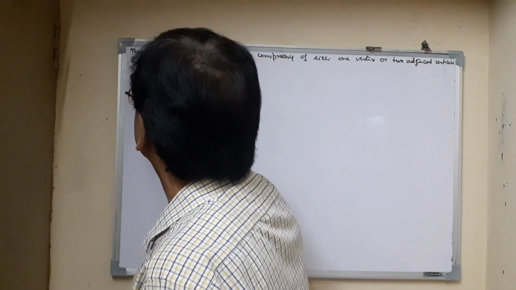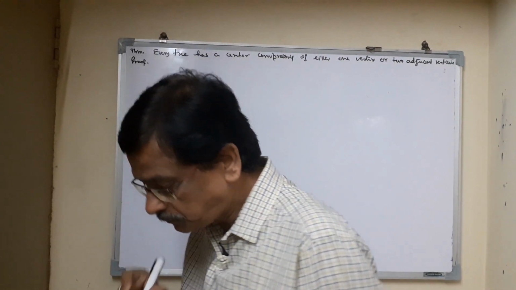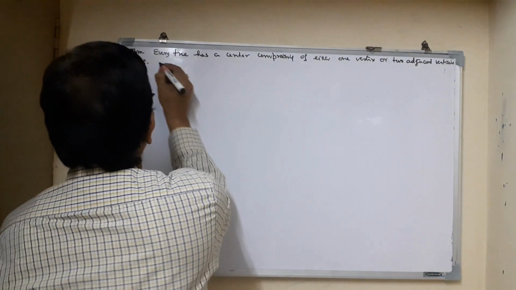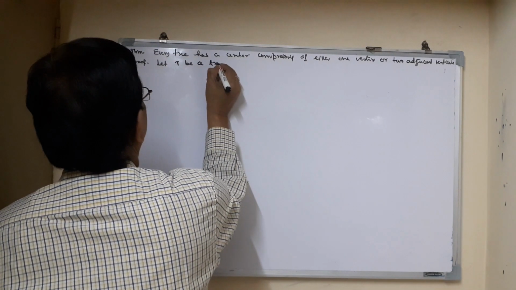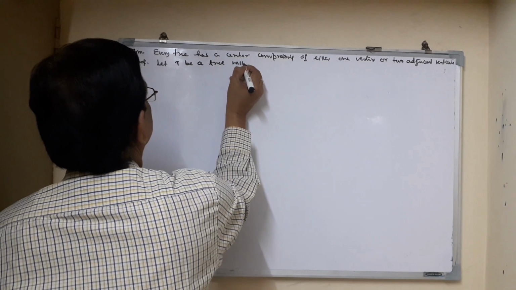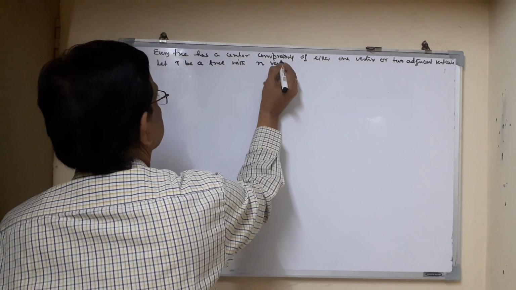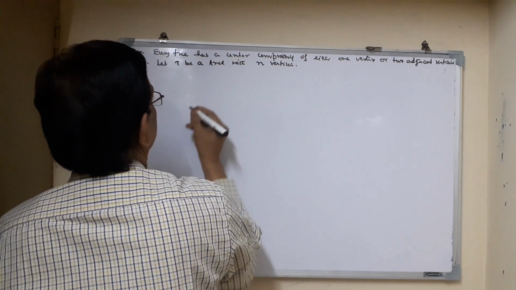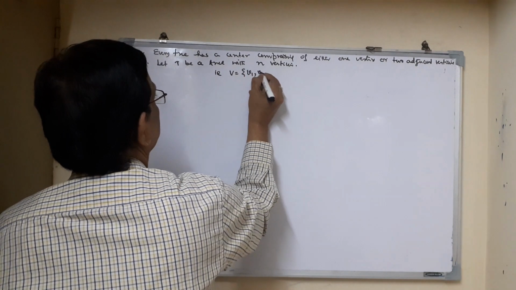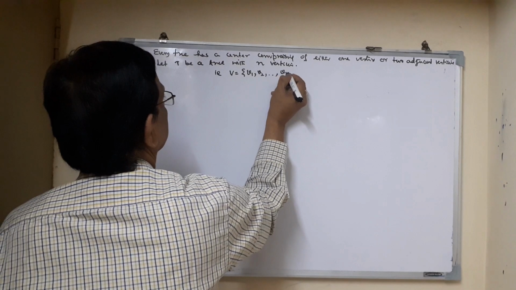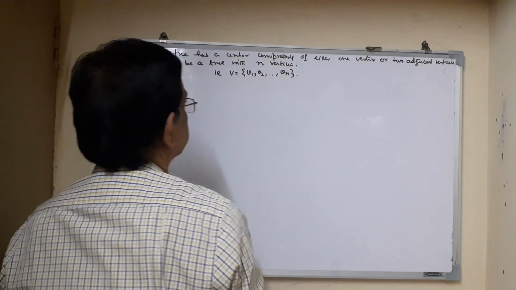The proof goes like this. Let T be a tree with n vertices, that is, V is equal to V1, V2, ..., Vn, the set of vertices.